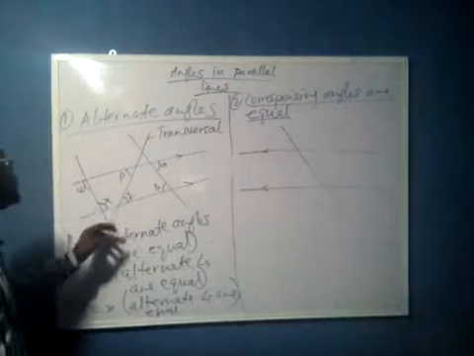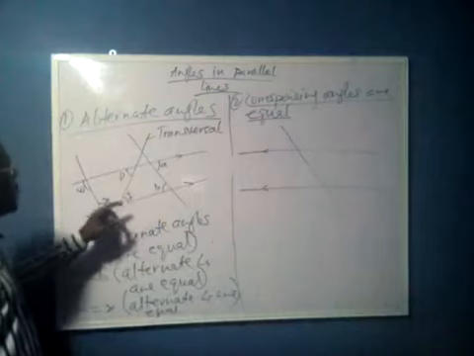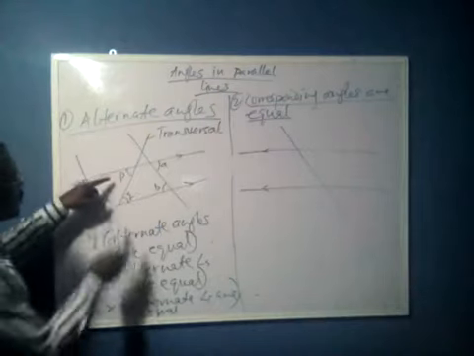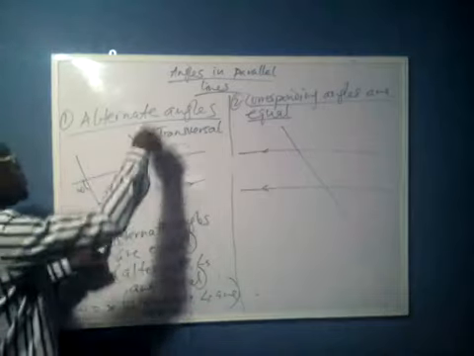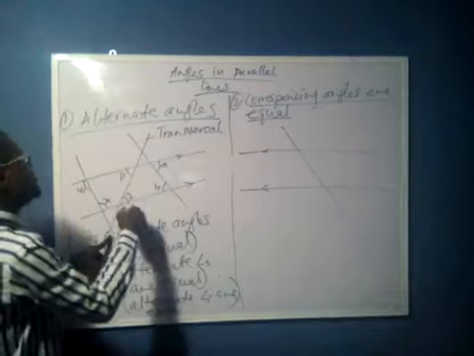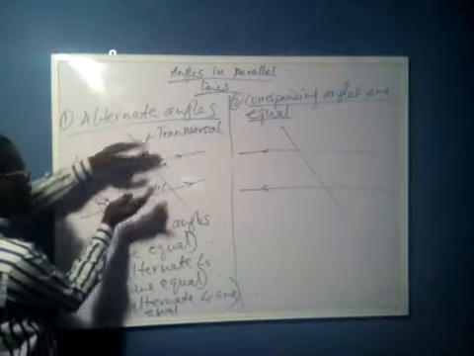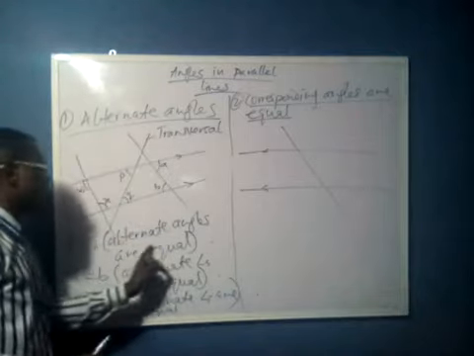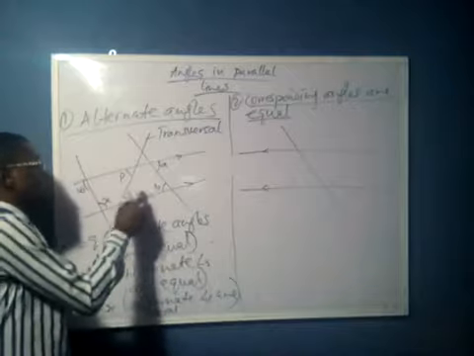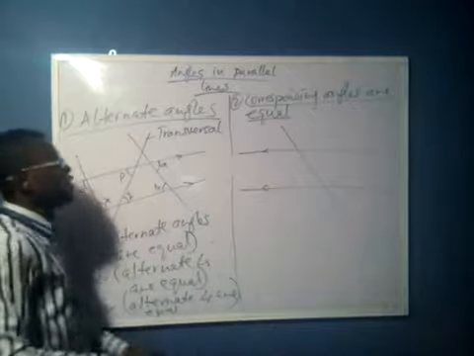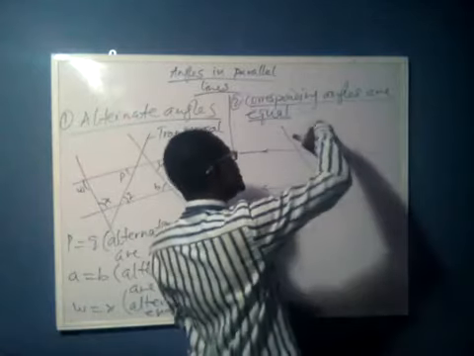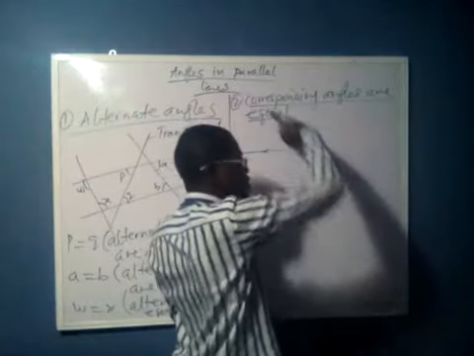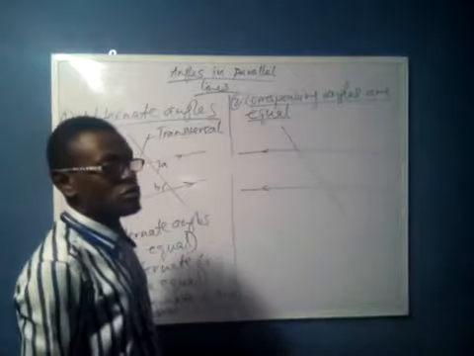In this case, when angles are formed on either side of the transversal and they are in between the parallel lines, then those angles are alternate angles, such as this and this. But in this case, the angles are formed on the same side of the transversal.